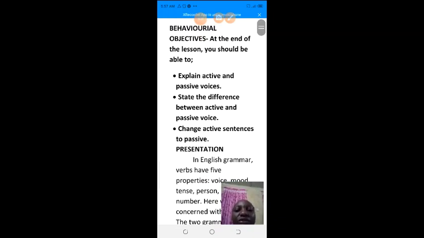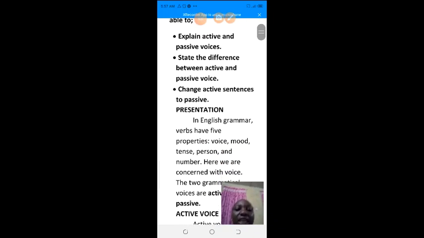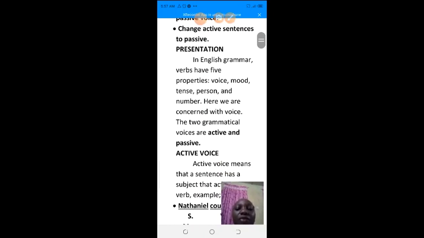Passive and active construction. Now, I said that in English grammar, verbs have five properties. We have the voice, the mood, the tense, the person, and the number. Active and passive voices are concerned with the voice of the verb. That means the voice in which the verb is used.